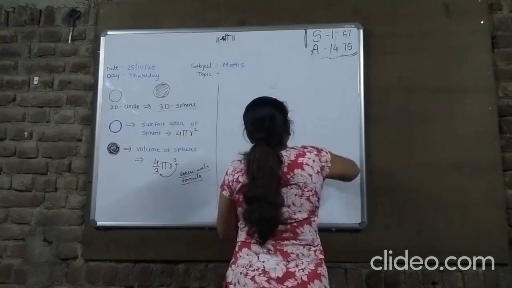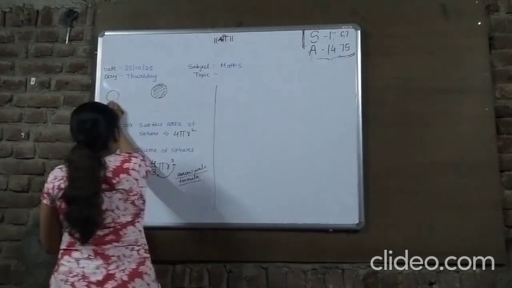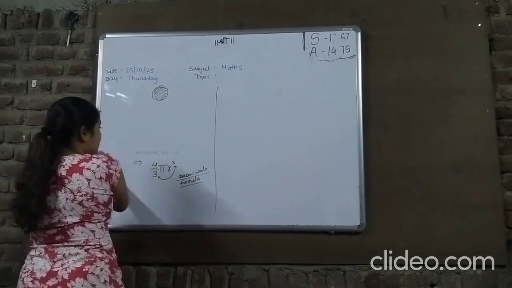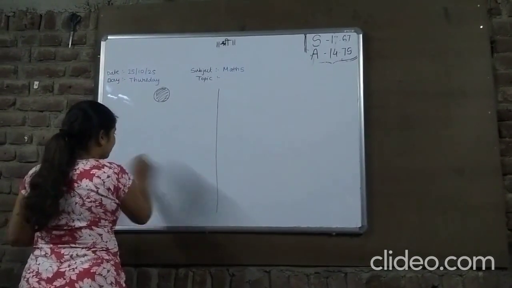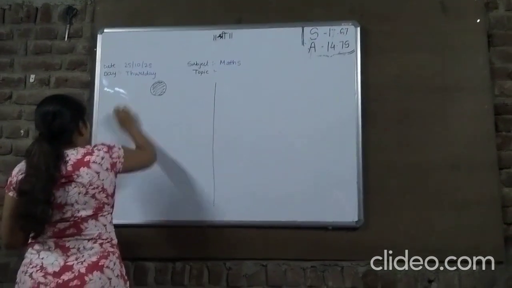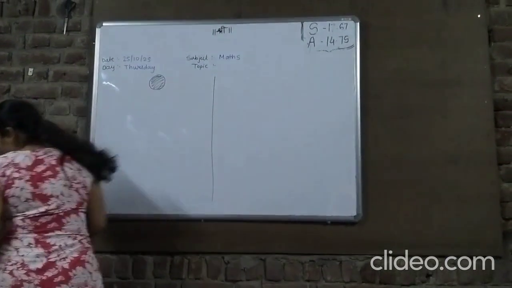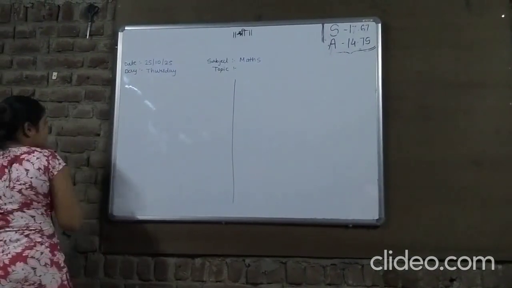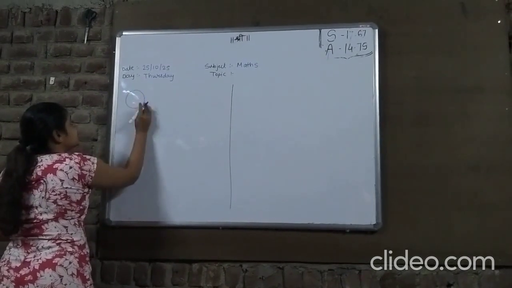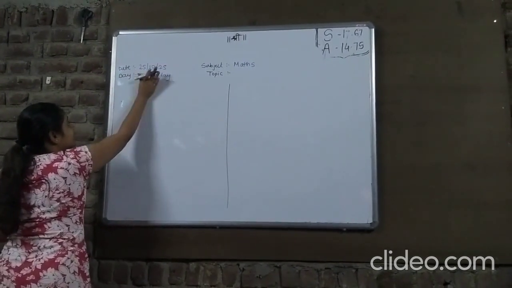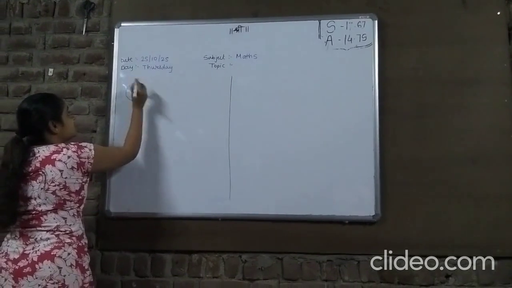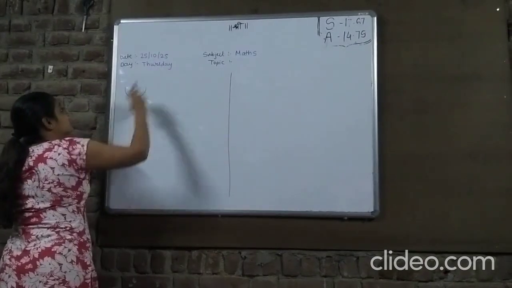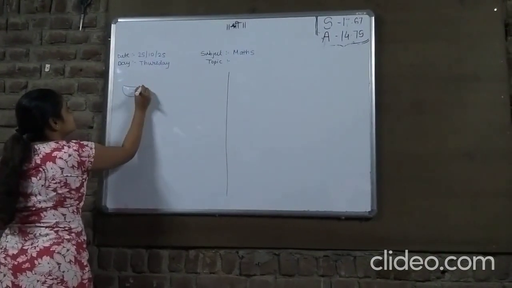If we cut this sphere into half, what will it look like? It will be a hemisphere. Very good.